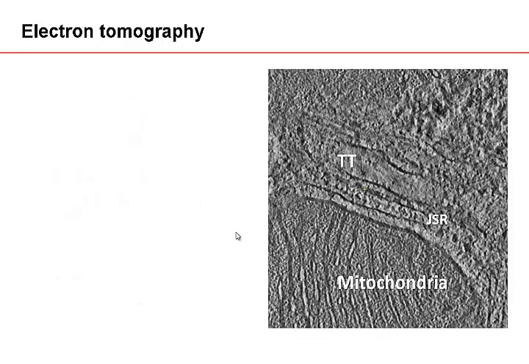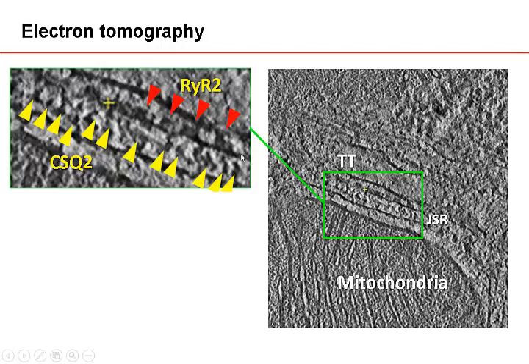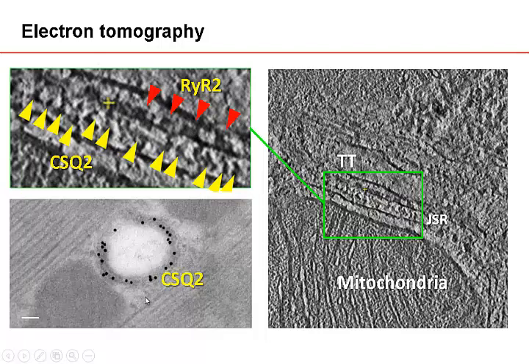In the reconstructed image, we can identify T-tubules and the junction of SR. Between the T-tubule membrane and the SR membrane, we can see electron-dense ryanodine receptors. Also, there are electron-dense signals inside the SR, which can be recognized by CSQ antibodies in separate immunoelectron microscopic experiments.